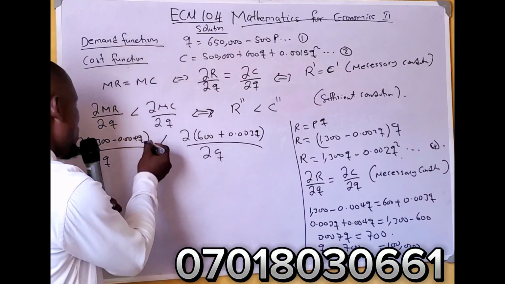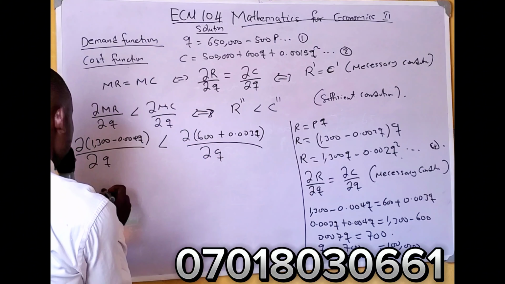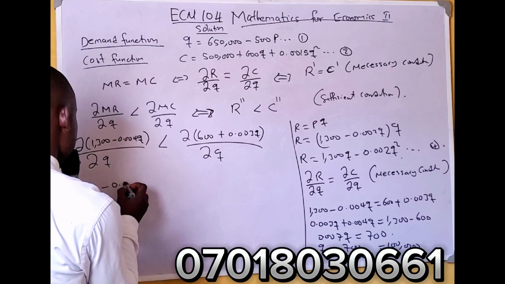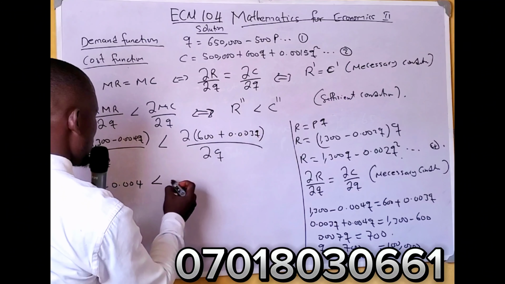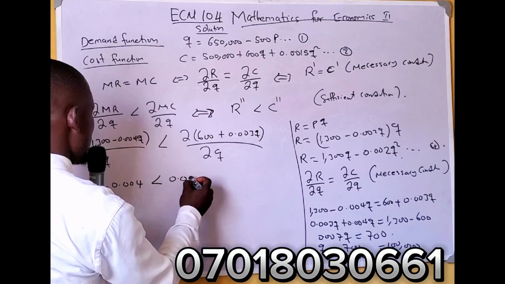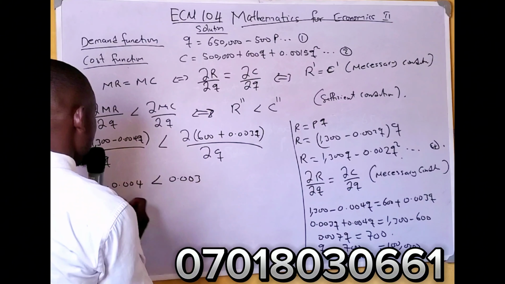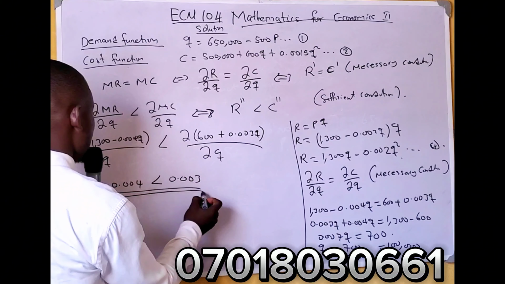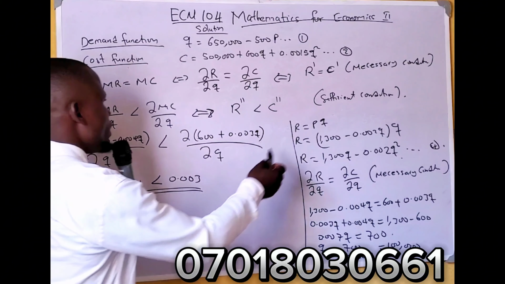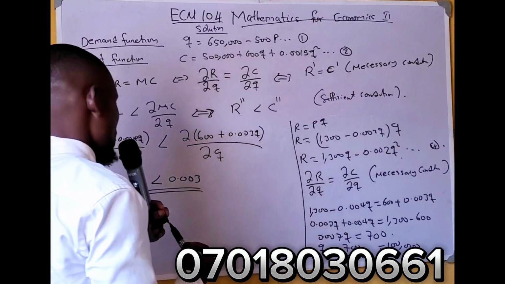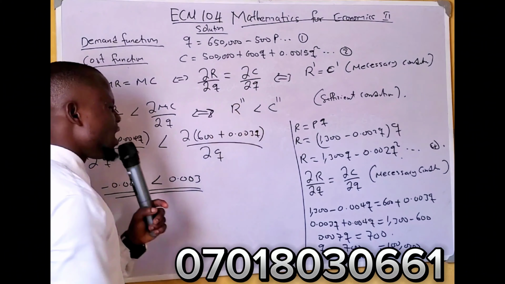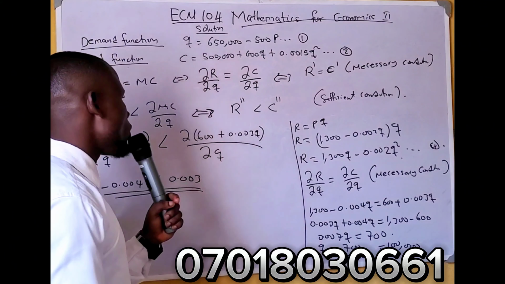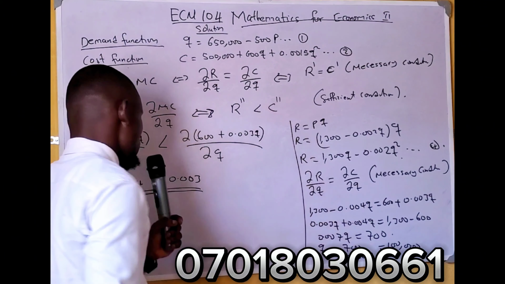So now the derivative of this with respect to q will be minus 0.004, less than the derivative of this, which will be 0.003. Now when you look at what you have here, this satisfies the sufficient condition. That is, the second order derivative of our revenue is less than the second order derivative of cost.